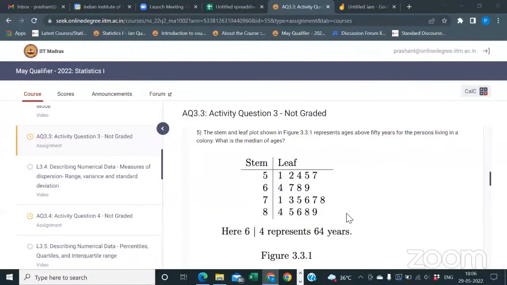The median will be the average of the middle two, I mean the 25th plus 26th. No, there are 20 observations in all. So the average of the 10th and 11th observation. Yeah, the 10th and 11th: 71 plus 73 divided by 2.